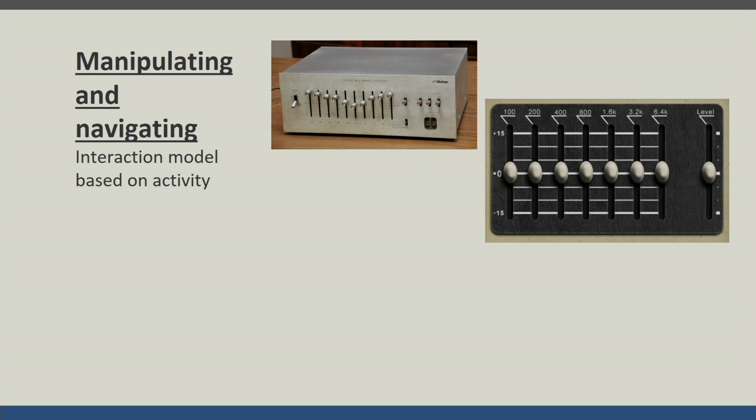The other example is about when the manner in which these two activities, manipulation and navigation, get performed by the users is not a real replica from the physical world. So see the next example.